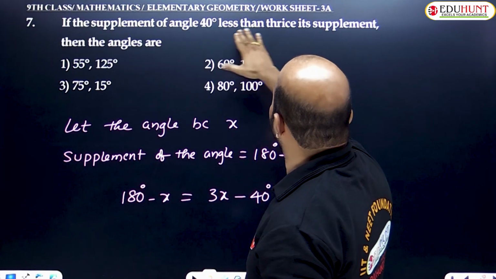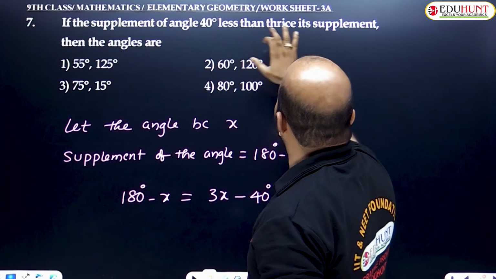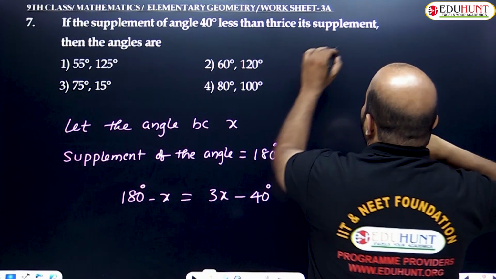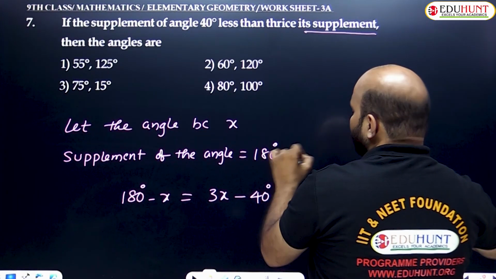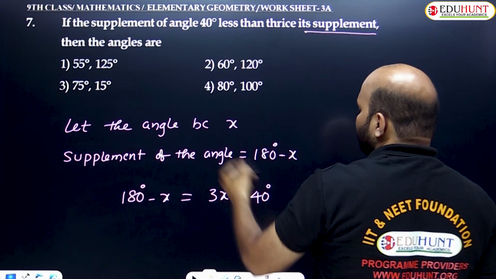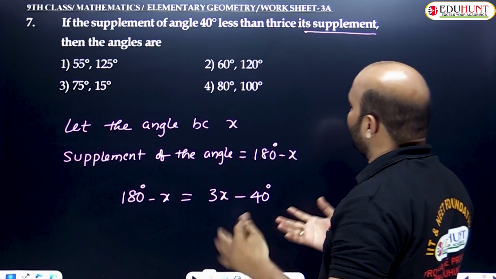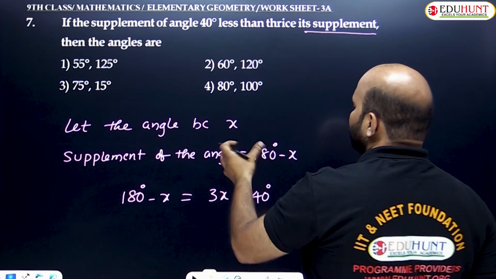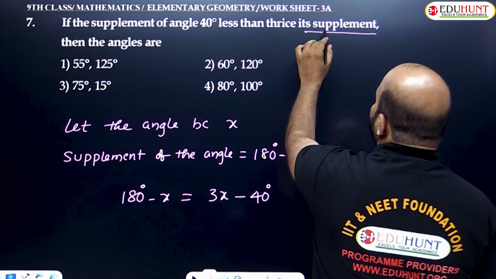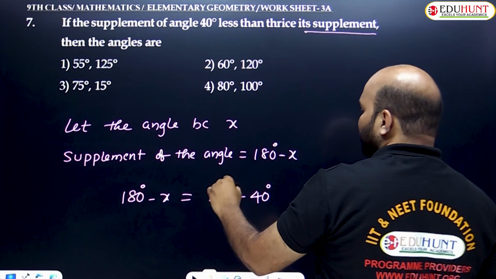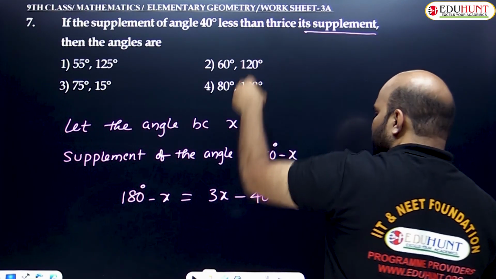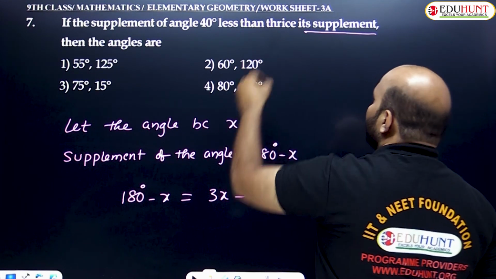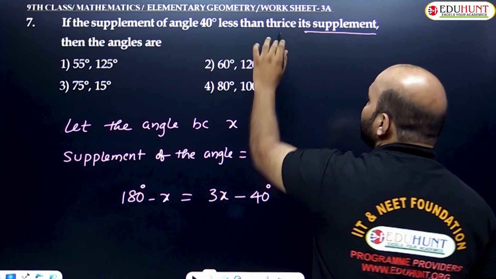What is the supplement here? x and 180 minus x are supplementary angles because the sum of the two angles equals 180. So don't take 180 minus x, it is the x value here. Its supplement means x is the supplement here. It is 3x minus 40 less.